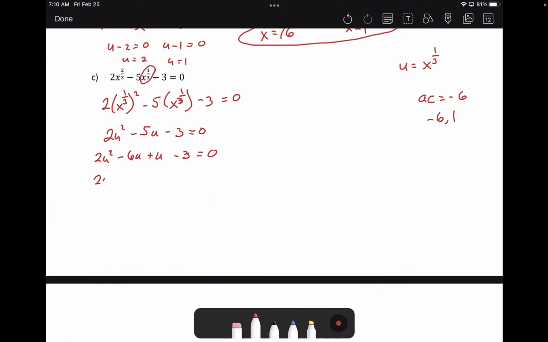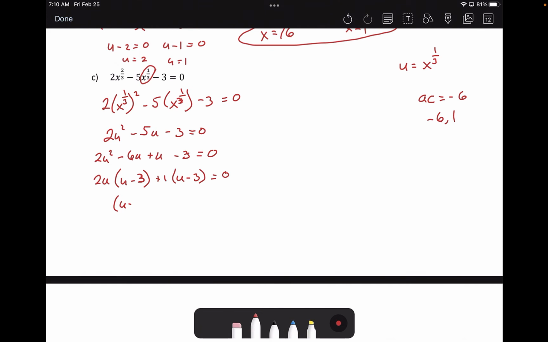Factor by grouping. 2u is our first GCF. We're left with u minus 3. Our next GCF is 1. We're left with u minus 3 equals 0.